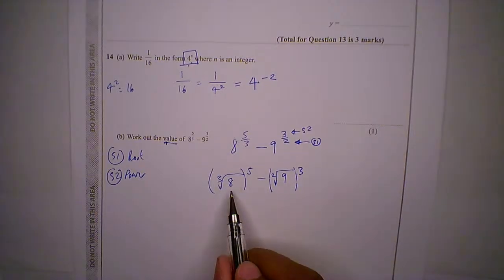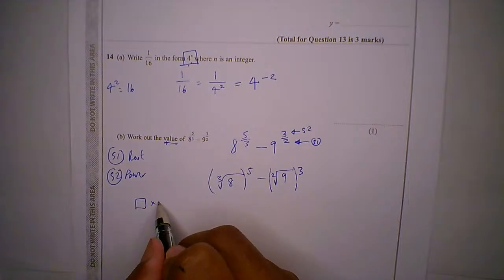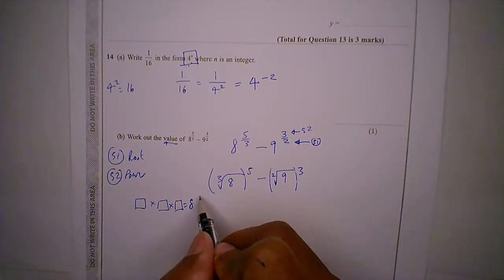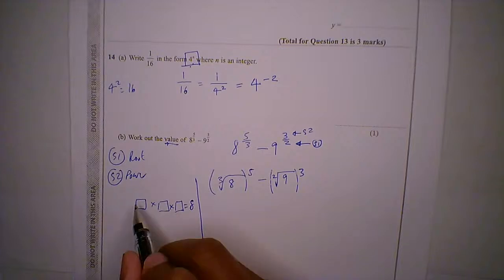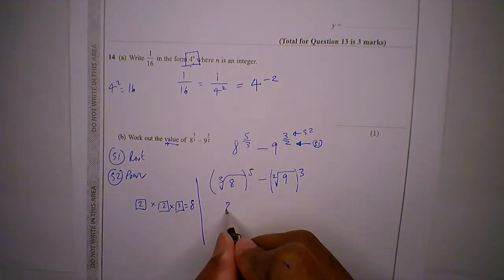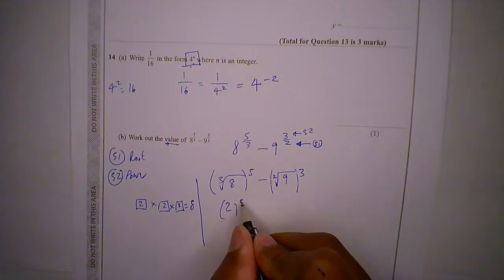Okay, so for this one, what number multiplied by itself 3 times gives me 8? It's not 1, it's 2 times 2 times 2. So it's 2 to the power 5.